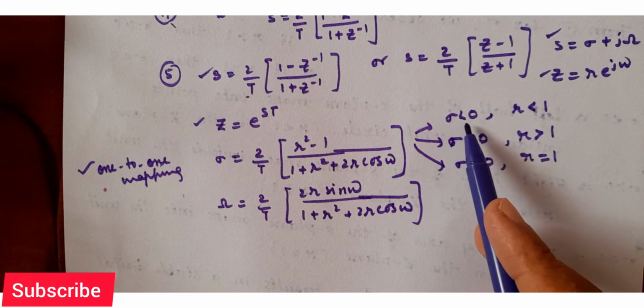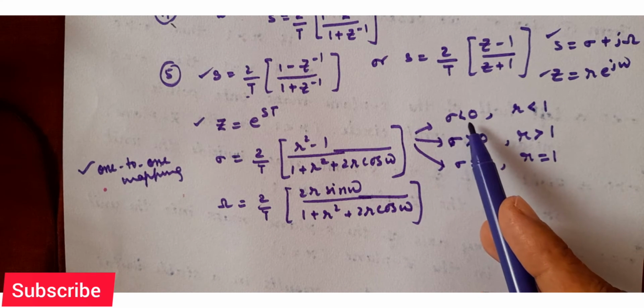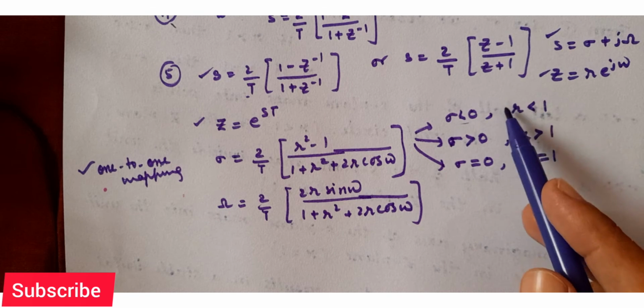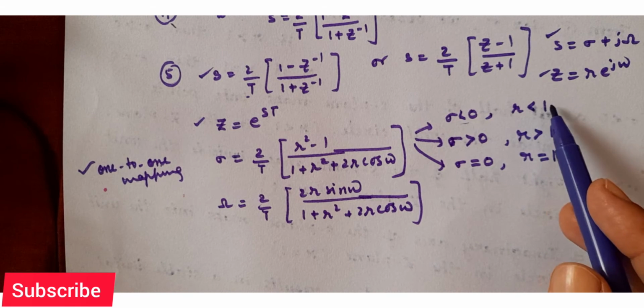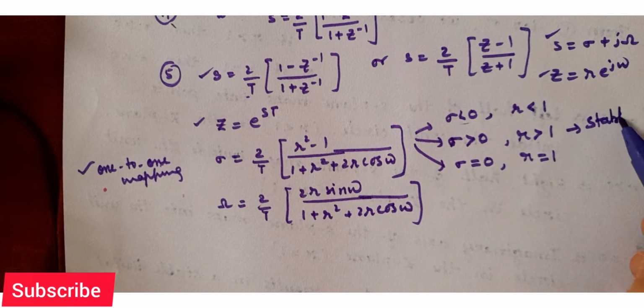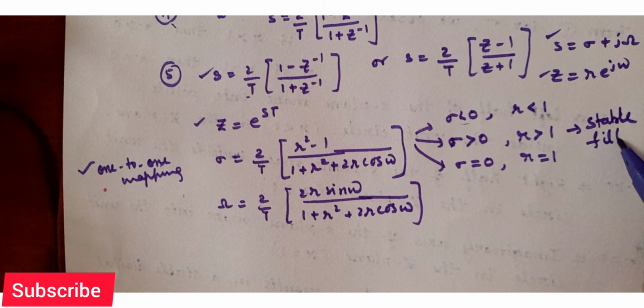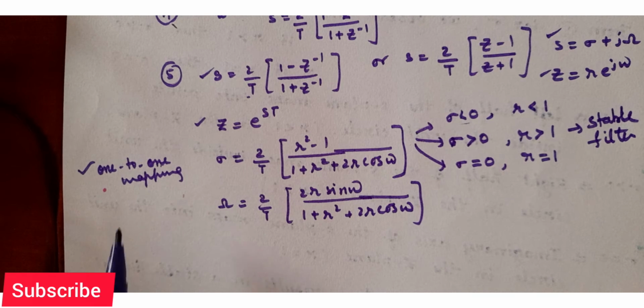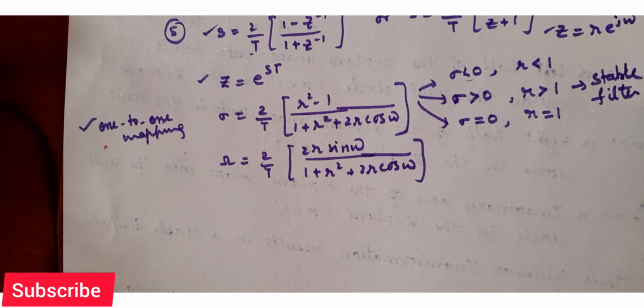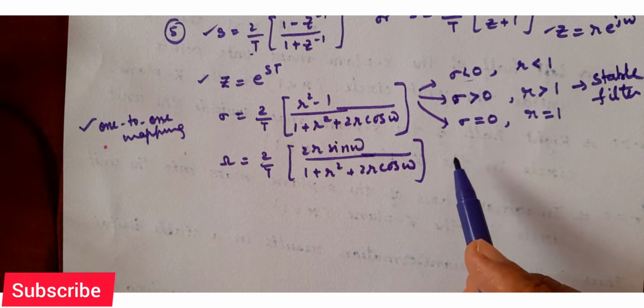So the left half of the S plane is mapped to the inside of the unit circle in the Z plane. So it leads to a stable digital filter. So one-to-one mapping and getting a stable digital filter is an advantage of bilinear transformation.